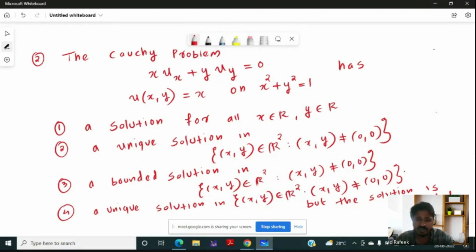A bounded solution in the set of all ordered pairs (x, y) belongs to R2 such that (x, y) is not equal to (0, 0). A unique solution in the set of ordered pairs (x, y) belongs to R2 and (x, y) not equal to (0, 0), but the solution is unbounded.